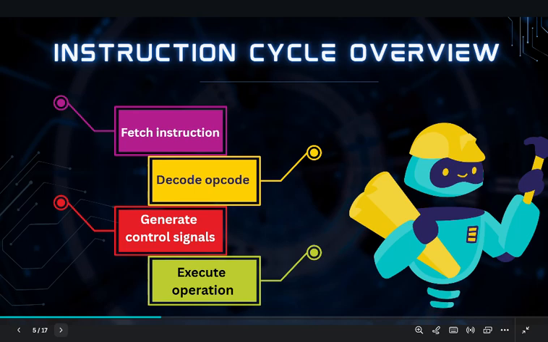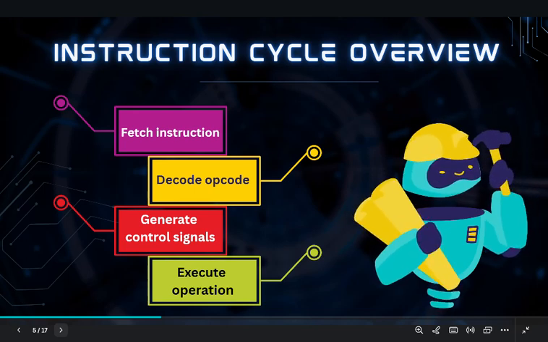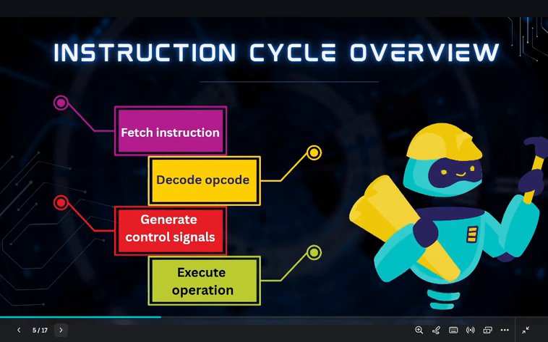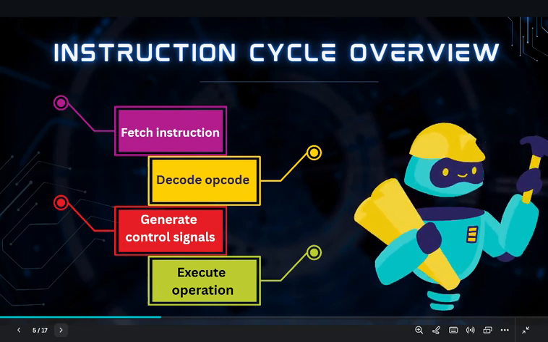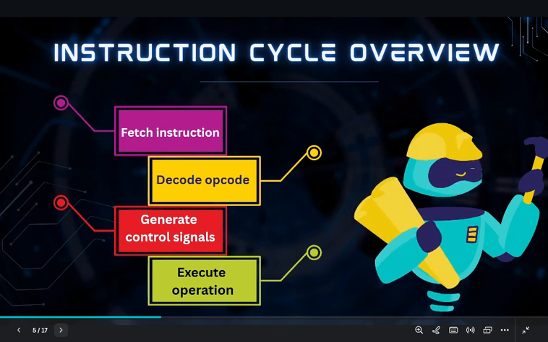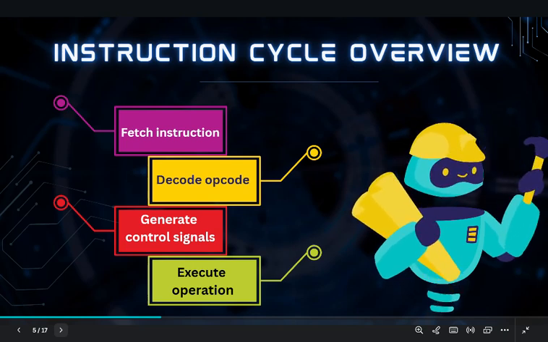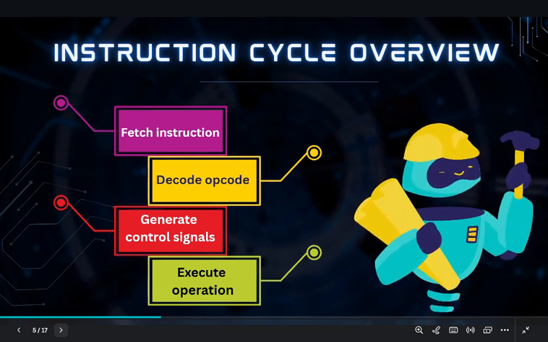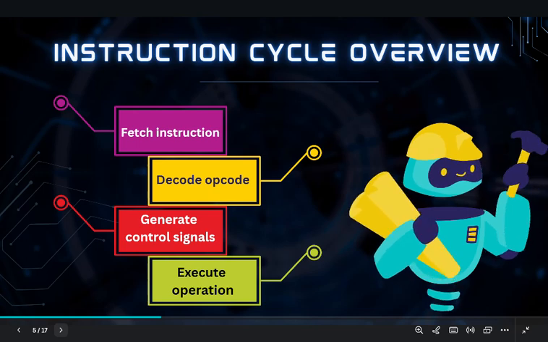How actually does the instruction cycle work? To understand where decoding fits in, let's recall the basic instruction cycle. Every instruction goes through four main stages: fetch, decode, generate control signals, and execute. In fetch, the CPU retrieves the instruction from the memory.